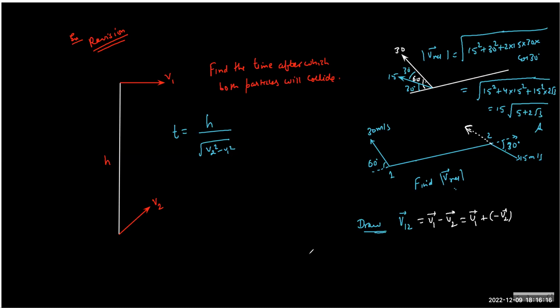Can you draw the diagram of V2 minus V1? Given two vectors, can you draw the diagram of the relative velocity? Given the velocities, can you draw the relative velocity vector diagram? Okay.